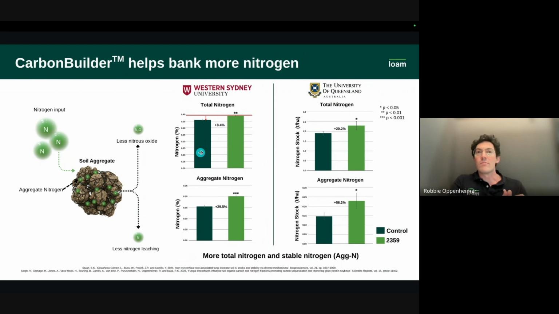In contrast, when they had a range of 12 different fungal strains, including the strain in CarbonBuilder wheat, they saw that total nitrogen stayed the same and was actually maintained at harvest of those plants, despite the plants in this treatment having higher root mass, higher shoot mass, higher spike mass. They actually still had the same, or very close to the same, as the starting nitrogen levels for that trial. So they're protected from loss of nitrogen, and they ended with 8.4% higher total nitrogen at harvest.